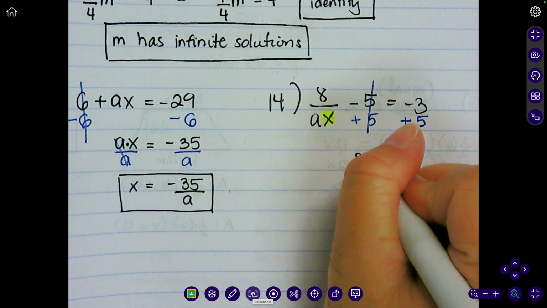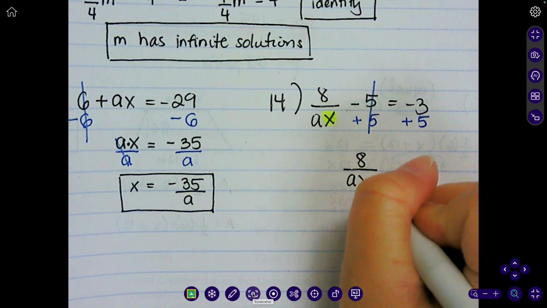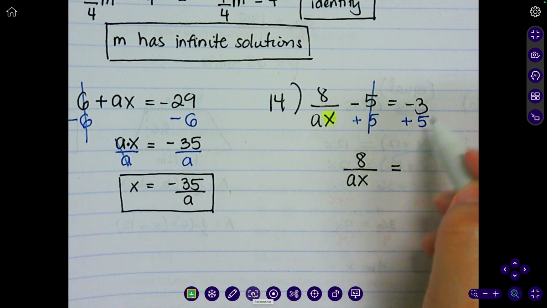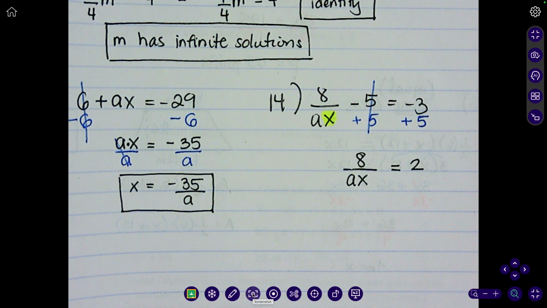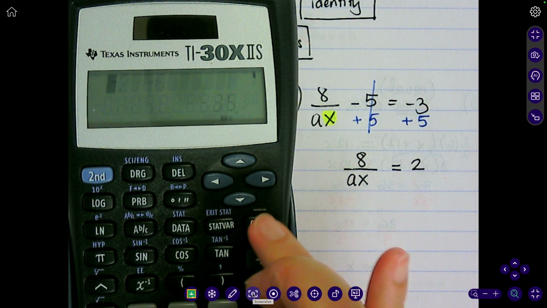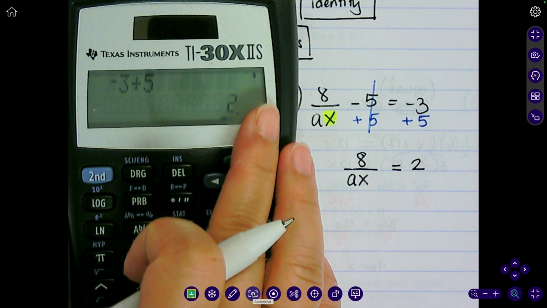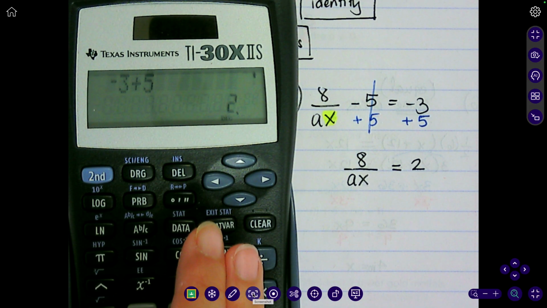So I have 8 over ax equals negative 3 plus 5, that is a 2. Again, to punch it in, you got to make sure you use the negative. And then you write the 3. And then you add the 5. Okay? Question on that.